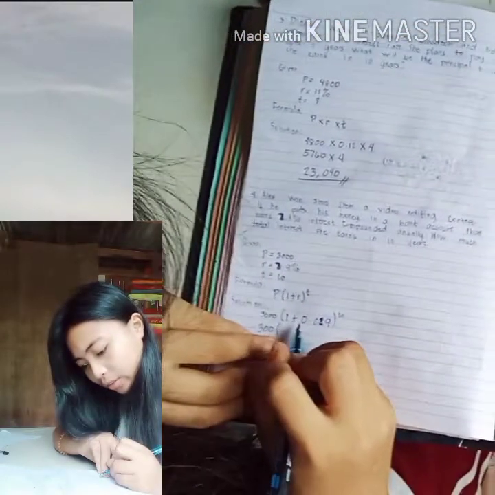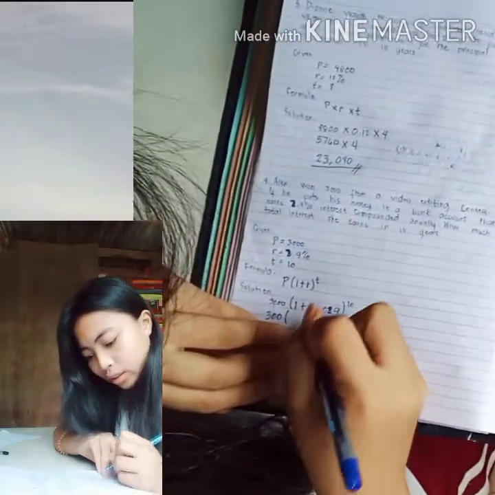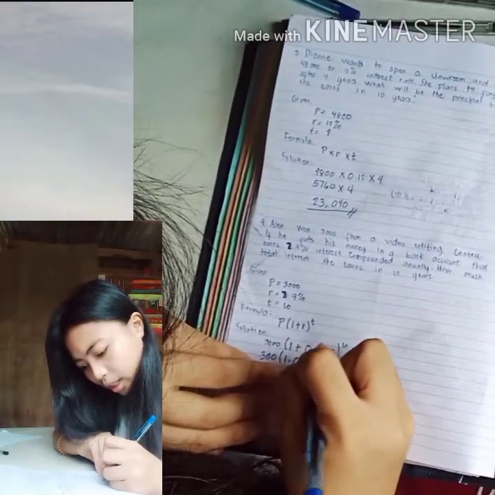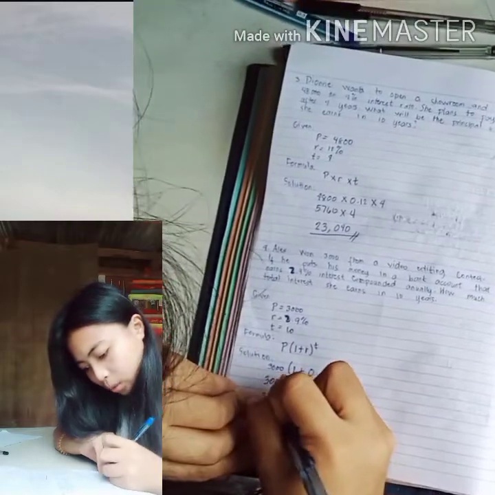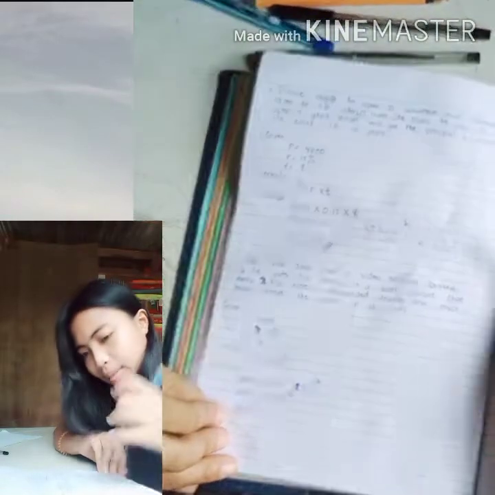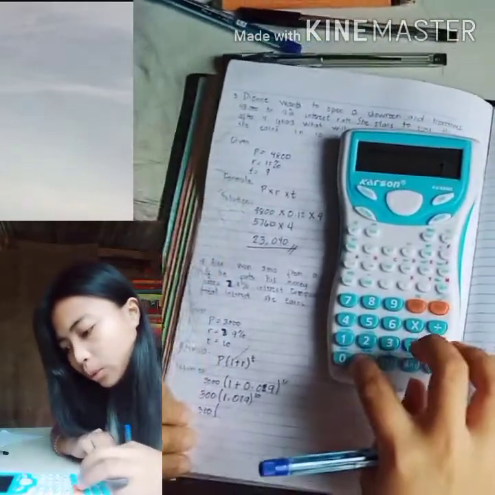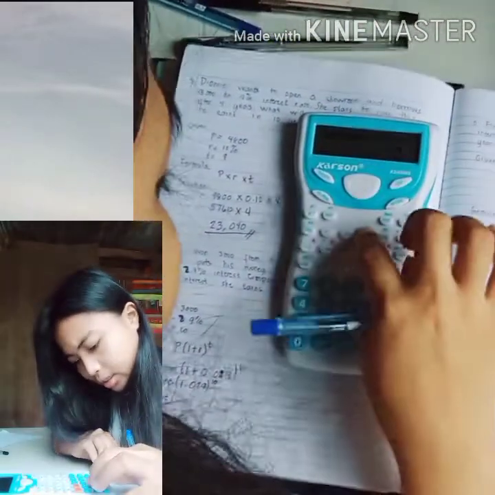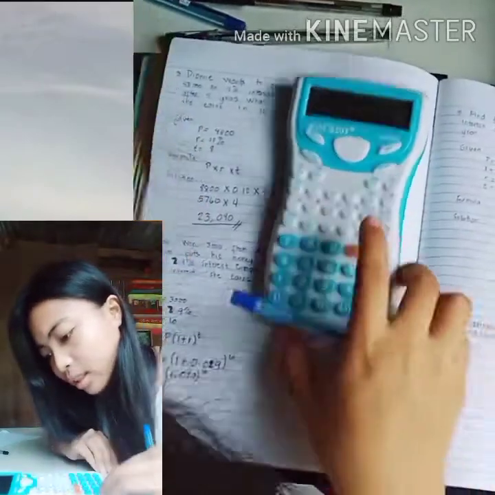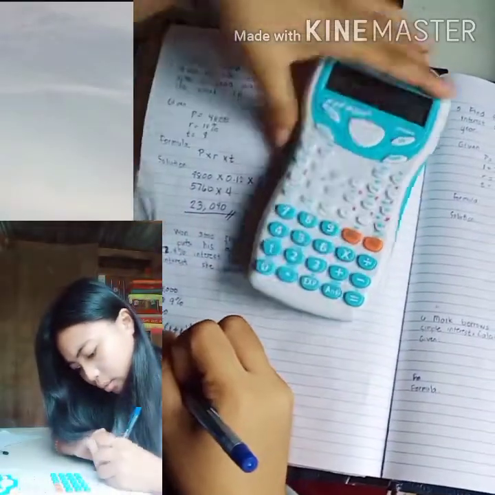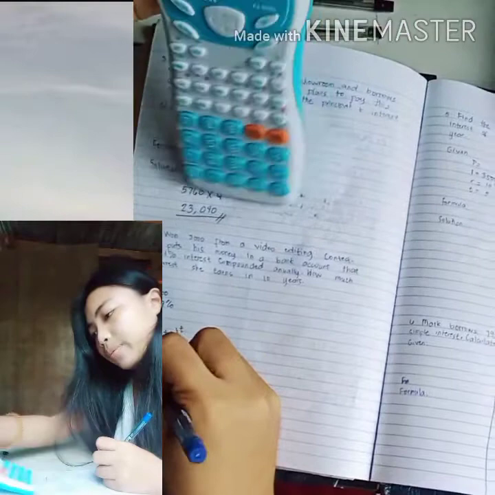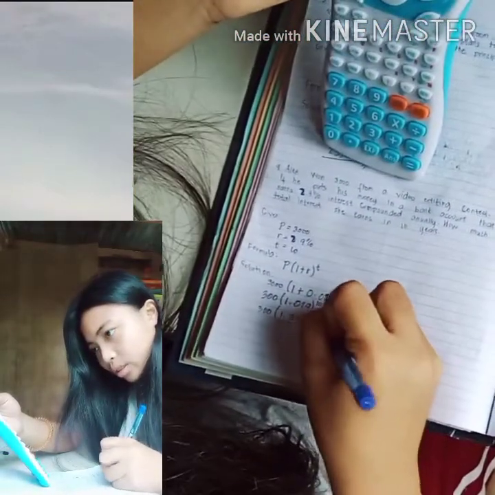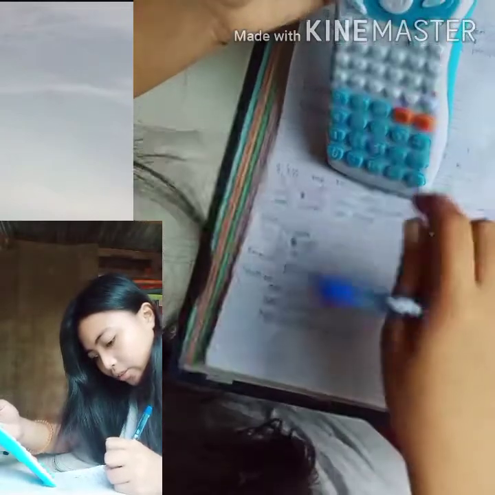So we have 1 plus 0.029, it becomes 1.029, then raised to the power of 10. 1.029 raised to the power of 10 is equal to 1.330925505.